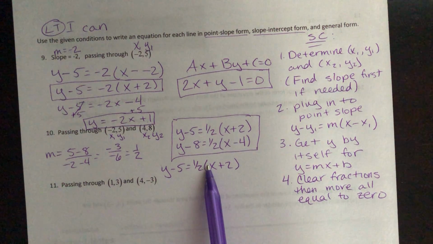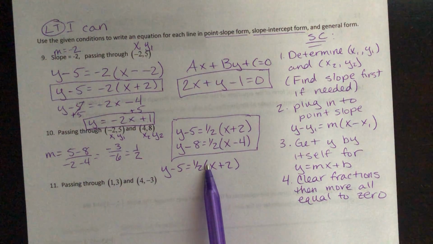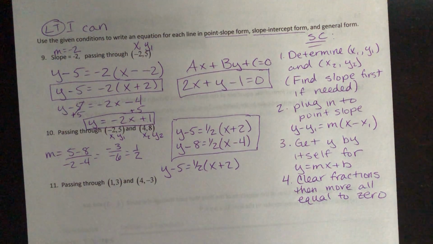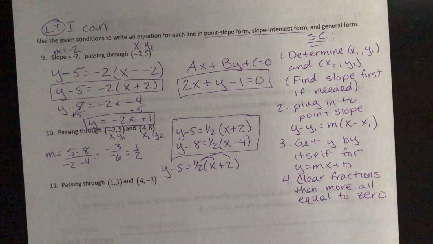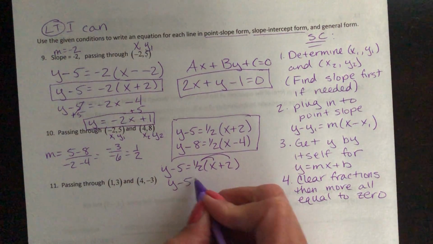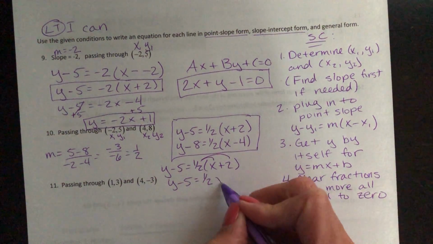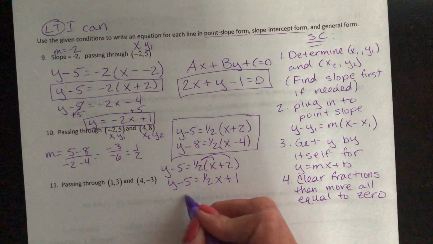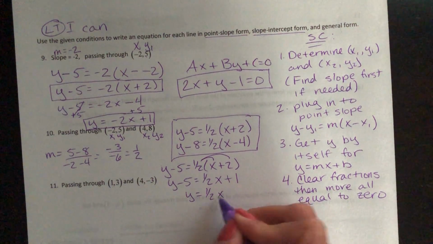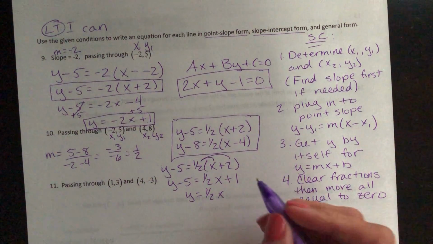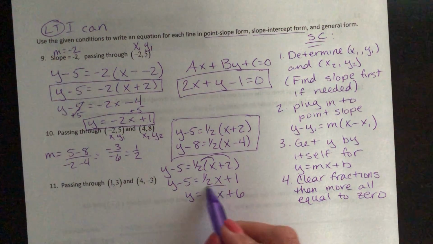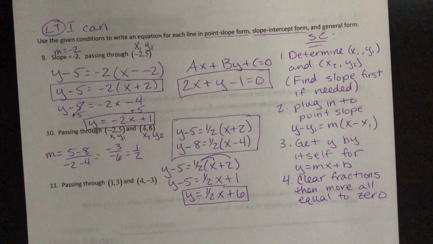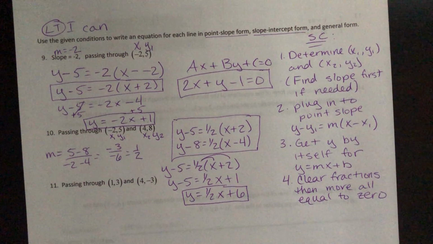I would suggest clearing. You know what? No, let's not do that. Let's just distribute it. Scratch that. So 1/2 x plus 1, this is what you end up with, and then add the 5. So this does work out nicely. Okay, perfect.